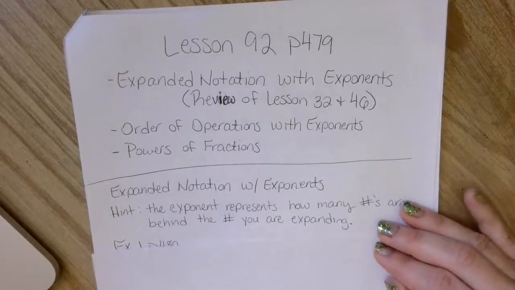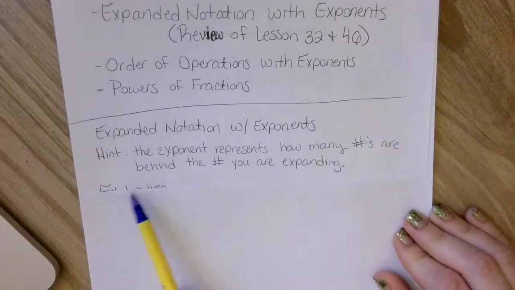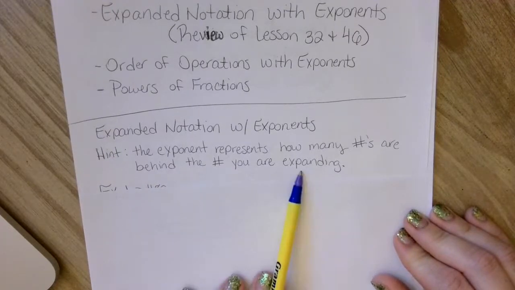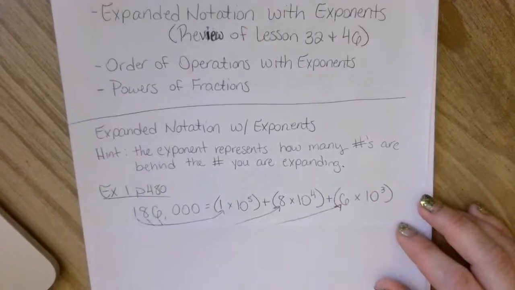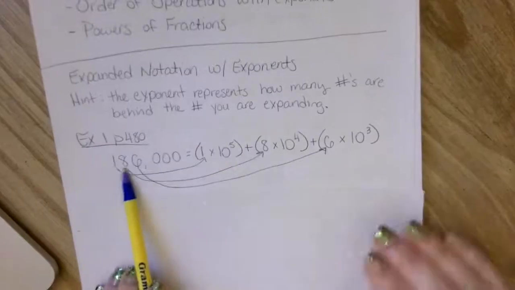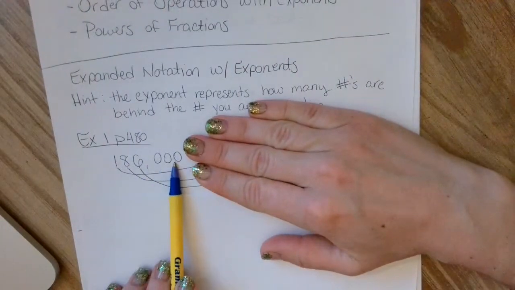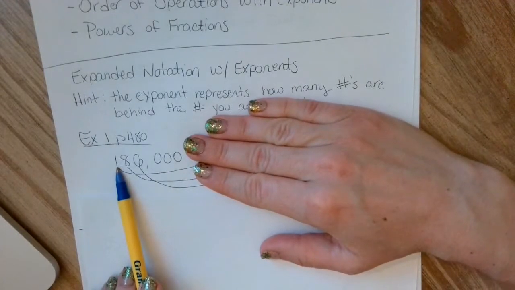So right here's a little hint for you. The exponent represents how many numbers are behind the number you are expanding. So the easiest way to think about this, if you have this number right here, 186,000, that means that 1 is your first number.